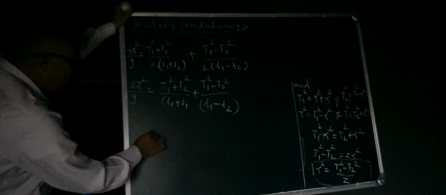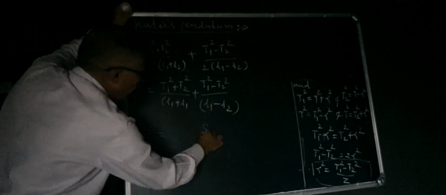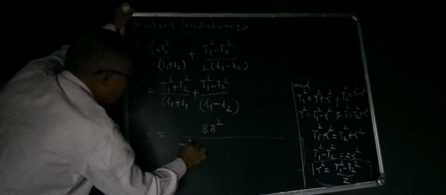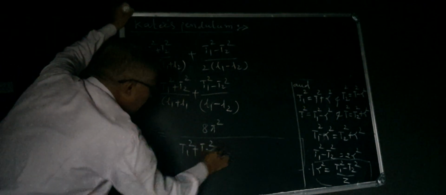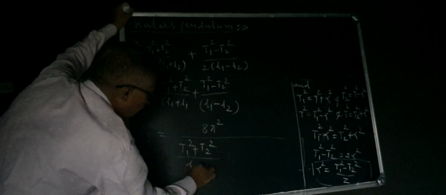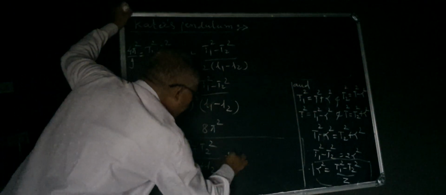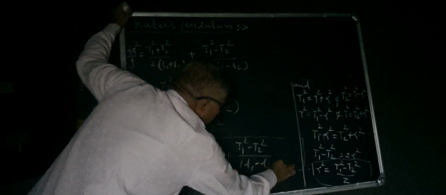This equation can be written for g: g equals 8 pi square upon T1 square plus T2 square upon L1 plus L2, plus T1 square minus T2 square upon L1 minus L2.